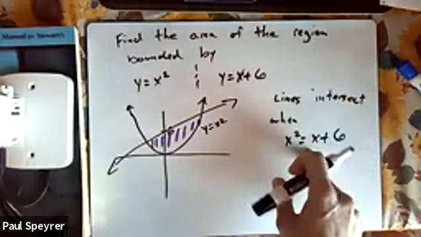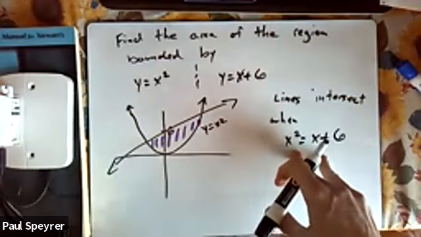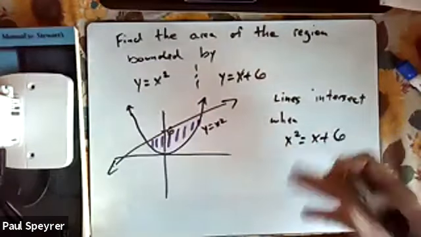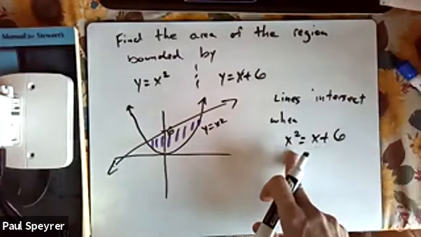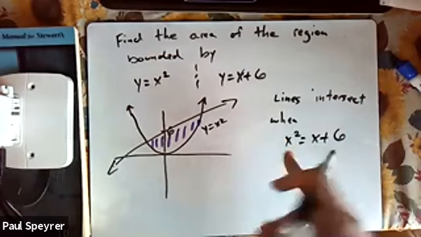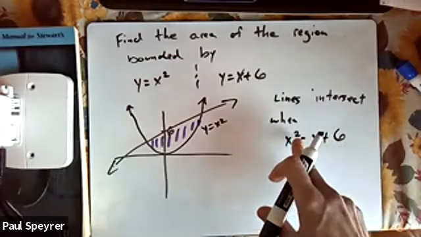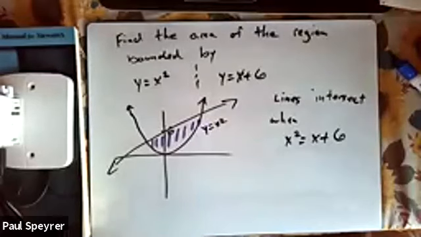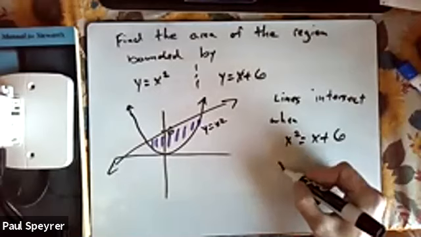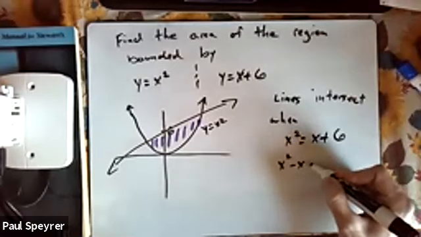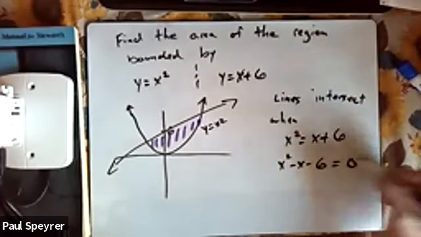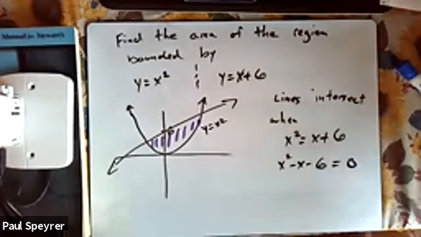So how do we figure this out? How do we figure out what x is right here? Well, you're going to have to set it to 0, right? Anytime you have a variable with a power higher than 1, solving for that specific variable, you need to set it to 0. So this is basically x squared minus x minus 6 equals 0, right? Because I'm just moving the x and the 6 to the other side.